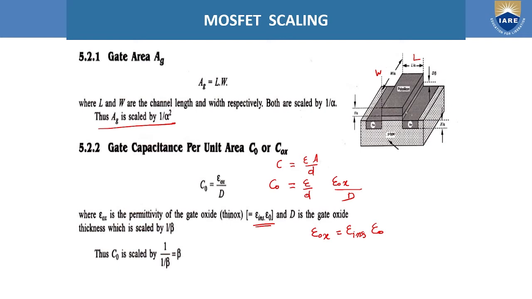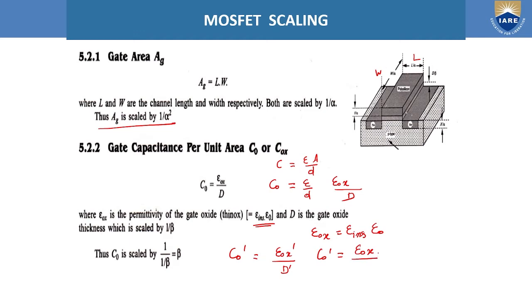space. Now when you do the scaling, C0 becomes C0 dash. So what is C0 dash? C0 dash is equal to epsilon ox dash by D dash. And scaling is not going to change the fundamental properties of the material, so epsilon ox is not going to change.